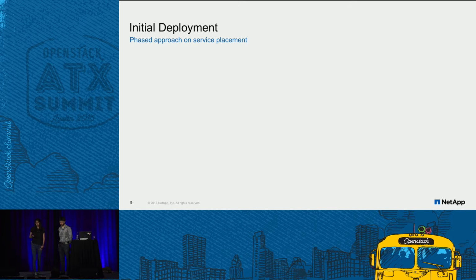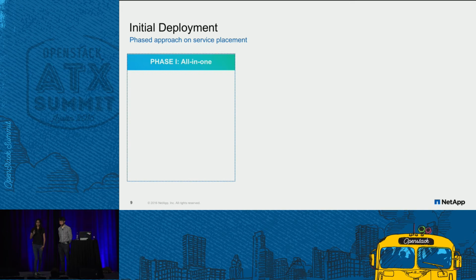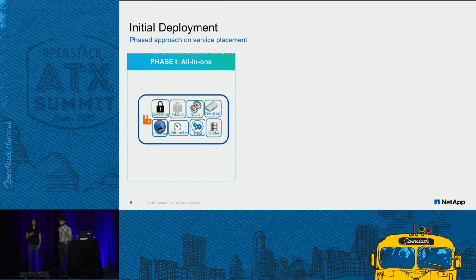Now we had to come up with an architecture which was production worthy. So we started off with phase 1, which was the all-in-one controller. In this phase, we hosted all of the components of OpenStack onto a single machine. We also had our Zenoss monitoring in place in order to evaluate the load on this architecture. Soon we found out that the Keystone and the Horizon components were very chatty due to the token creation and everything, and were overloading the controller node.